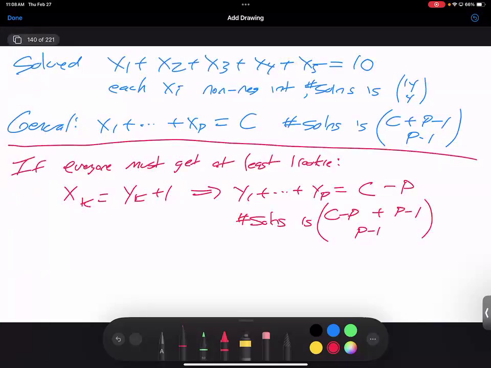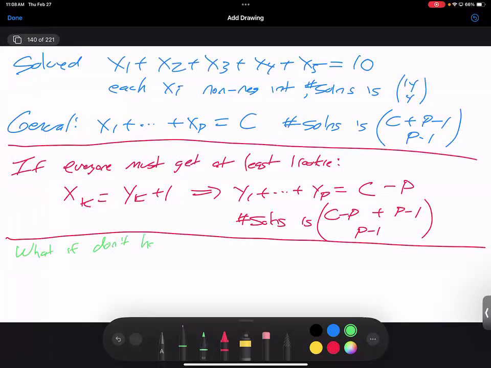And then I'll do one last one. What if you don't have to distribute all the cookies? So then it's going to be the sum, little c goes from 0 to big C, of C plus P minus 1, choose P minus 1.